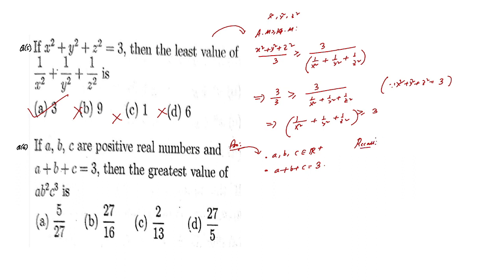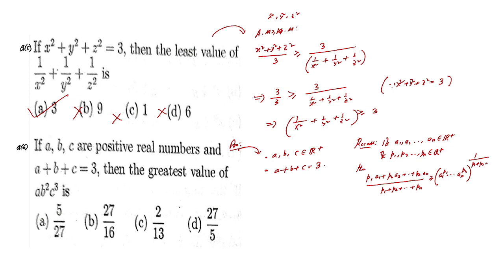The recall is: if a1, a2, ..., an are n positive real numbers and p1, p2, ..., pn are n positive rational numbers, then the weighted arithmetic mean, (p1a1 plus p2a2 plus ... plus pnan) divided by (p1 plus p2 plus ... plus pn), is greater than or equal to (a1 to the power p1, ..., an to the power pn) to the power 1 by (p1 plus p2 plus ... plus pn).